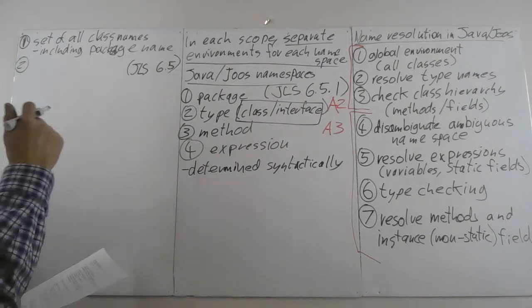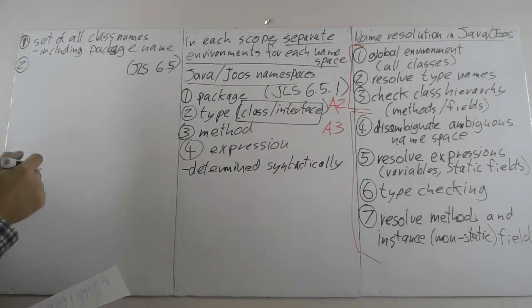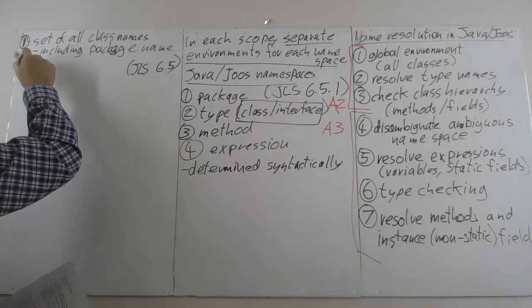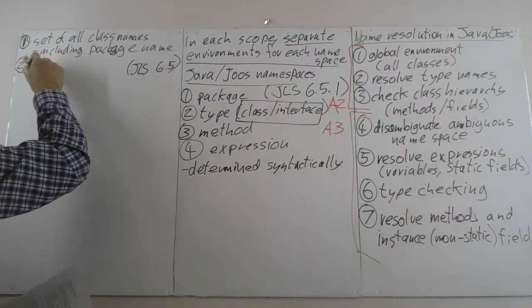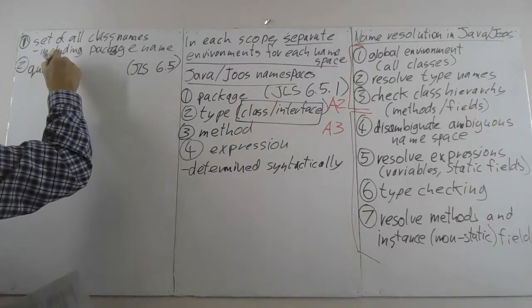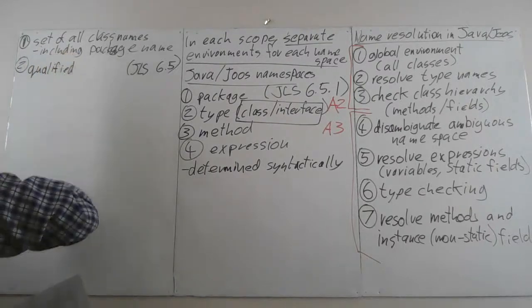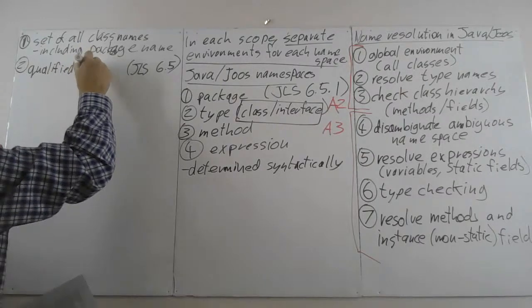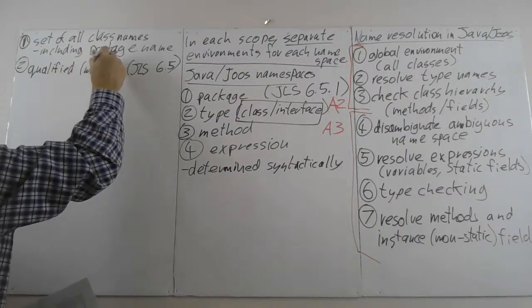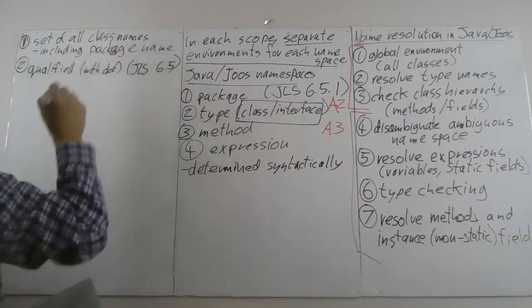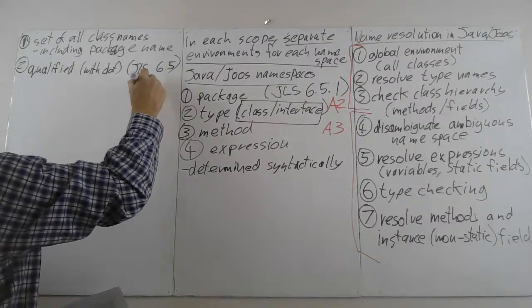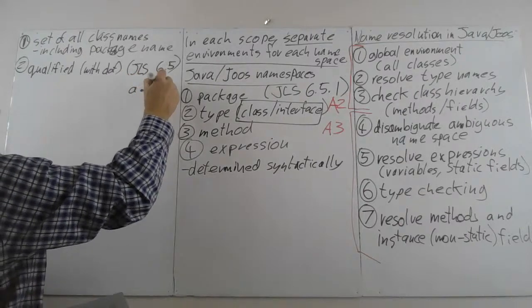But Java actually makes this easier than many other languages. So Java distinguishes qualified type names. And qualified just means that there's a dot in the type name, right? So like A.B, let's say .C.